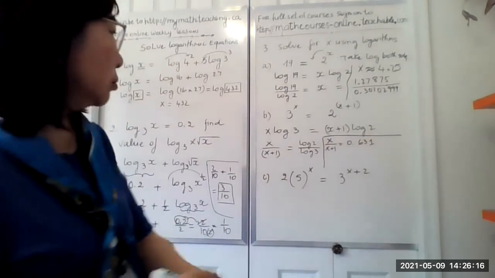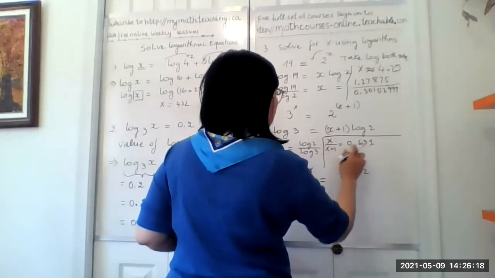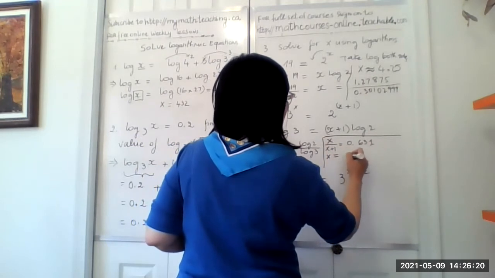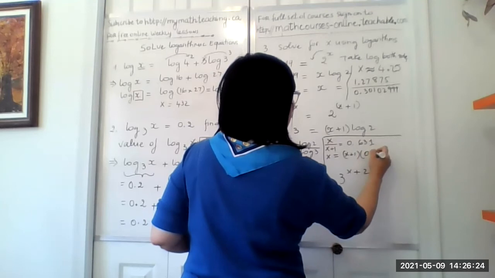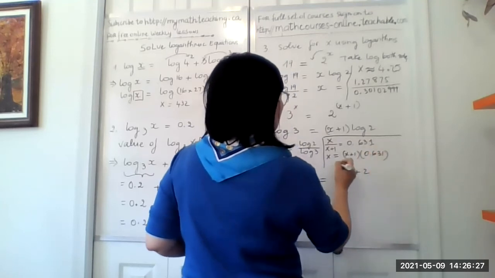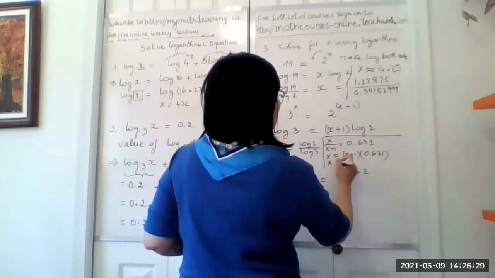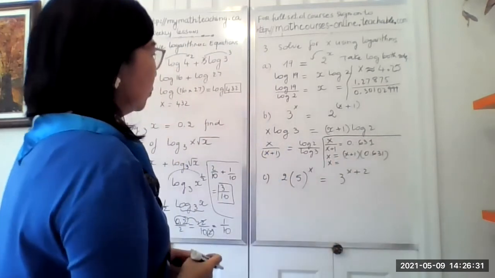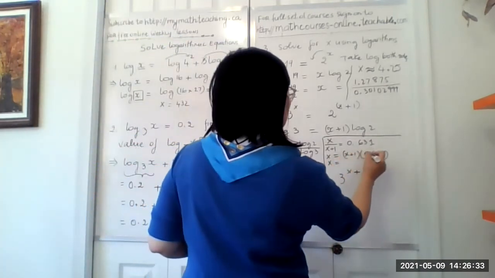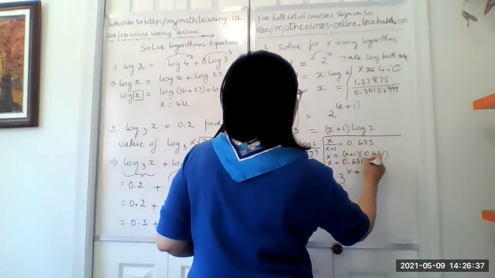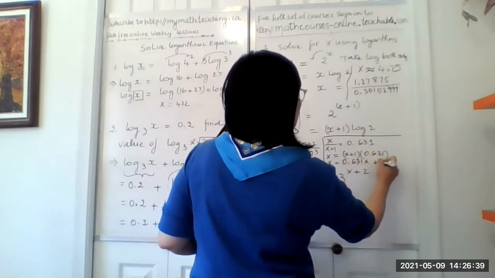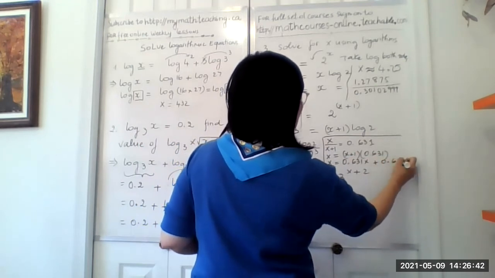So now, what we do is pick this up. So x equals x plus 1 times 0.631. And therefore, x will be equal, this times this will be 0.631x, adding with 0.631.